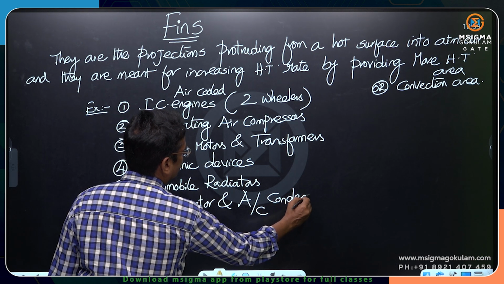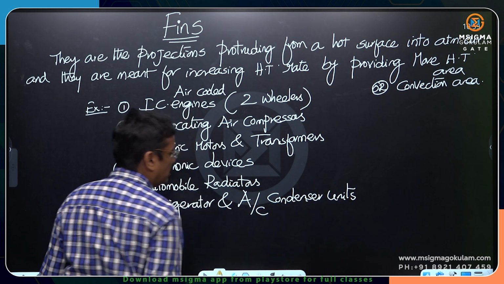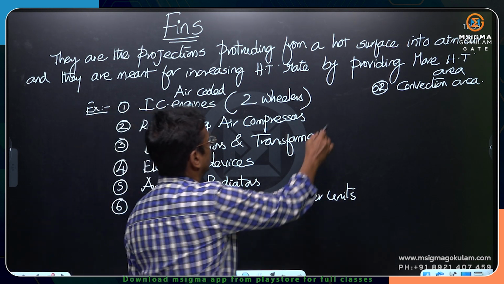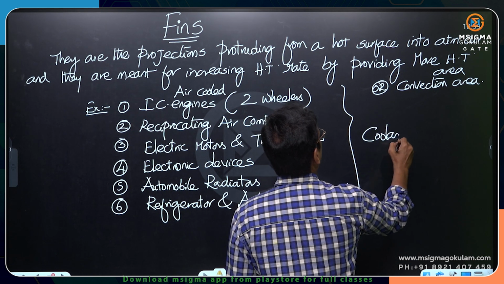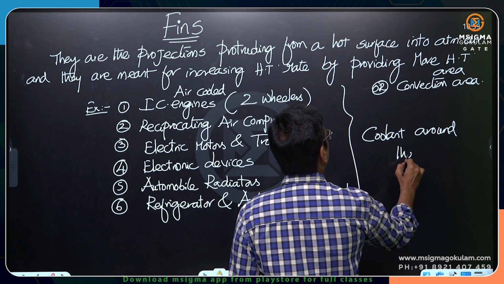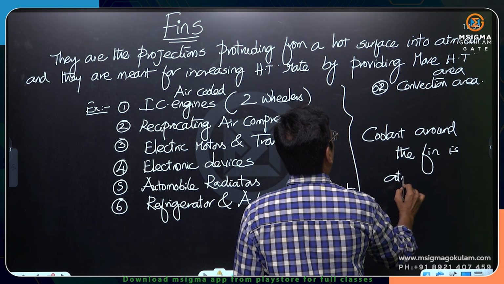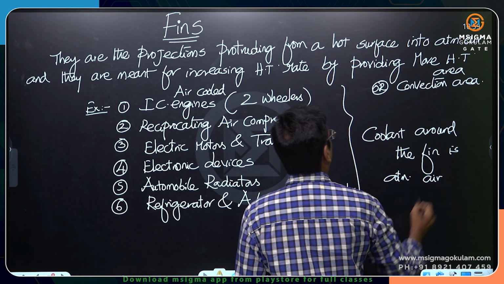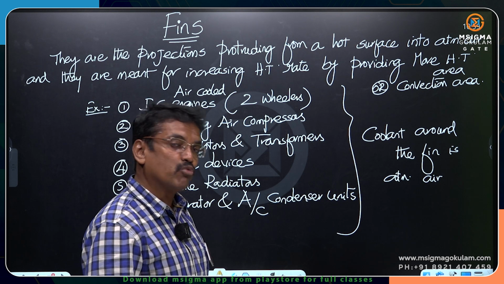You see the fins. And you observe that in all the examples I have given, the coolant around the fin is air. In all the examples, the coolant around the fin is atmospheric air. That means you will never give me an example where the coolant around the fin is water.